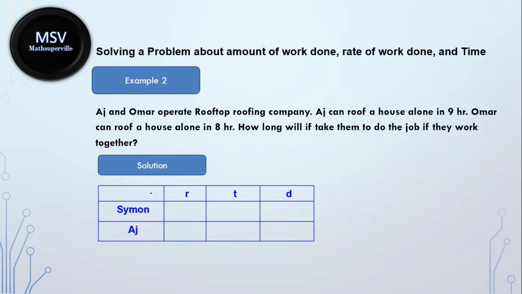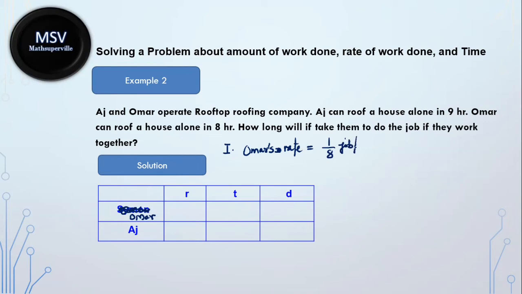So just identify. In step 1, let me use Omar as the problem states. So the rate of Omar's completion, Omar's rate, is 1 divided by 8, 1/8 job per hour.